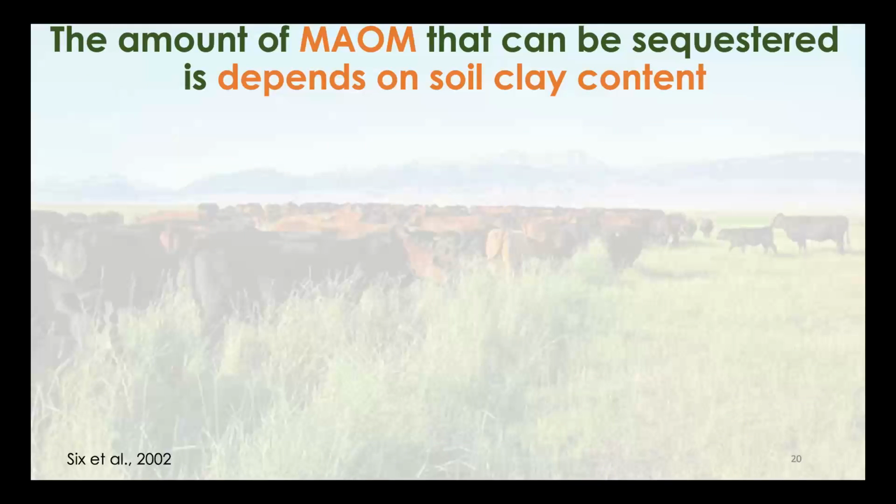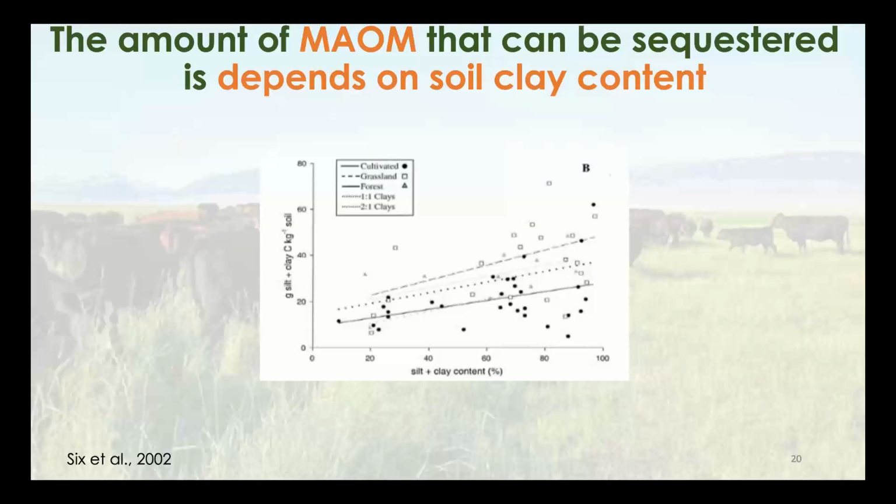grasslands contain more MOM. So the amount of MOM that can be sequestered is also dependent on soil clay content and how much carbon is stored in the clay. So this just shows the percentage of silt and clay in your soils compared to the amount of carbon in that fraction.